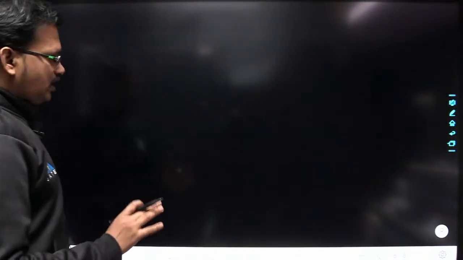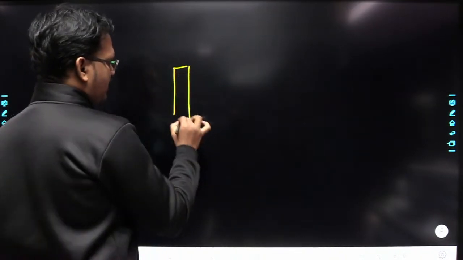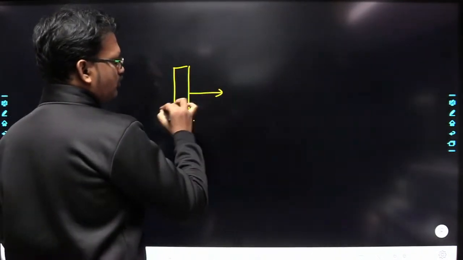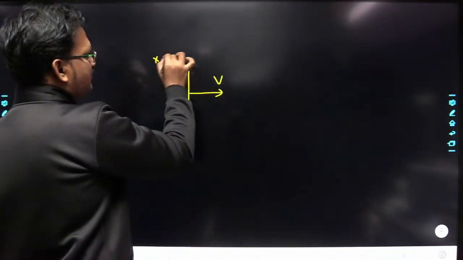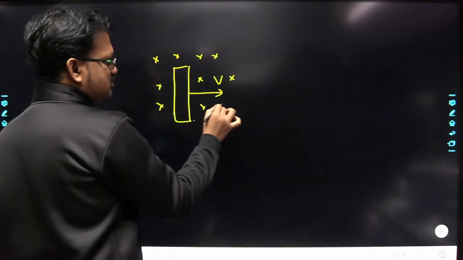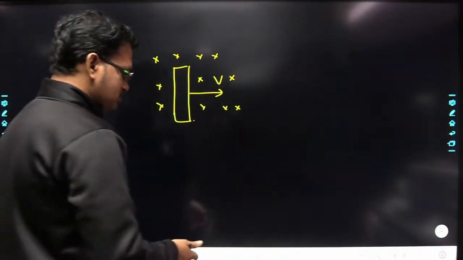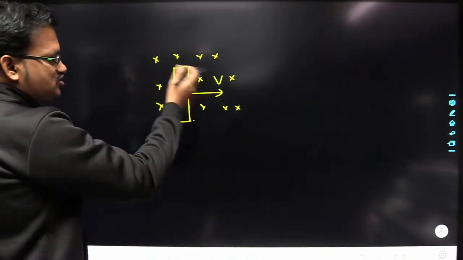Now I will give you one more problem. You have to tell me the answer. Up till now, we have taken a conducting bar and moved it with velocity v in some B field. Now I am going to slightly change this problem.